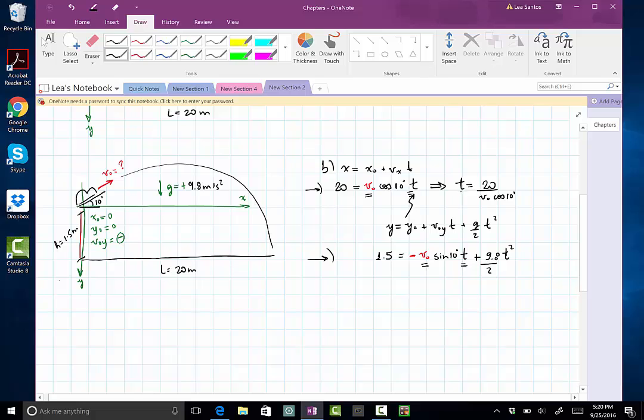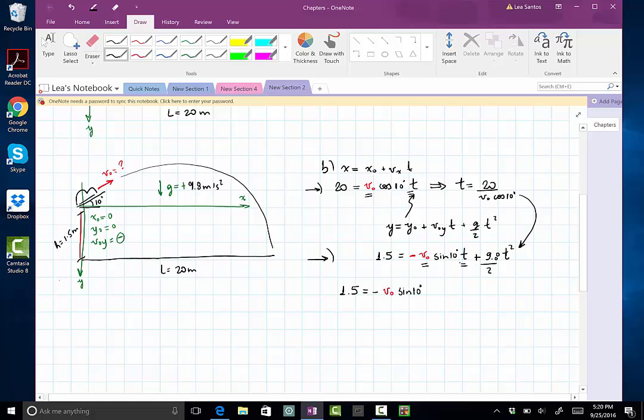Okay, so this t I'm going to substitute into my equation for the y equation. What do we have? We have 1.5, very good, equals minus the v naught that we don't know, that we want to find. And then the rest is numbers. Sine of 10 degrees is just a number.